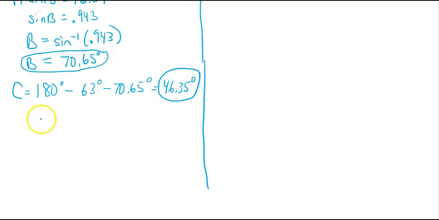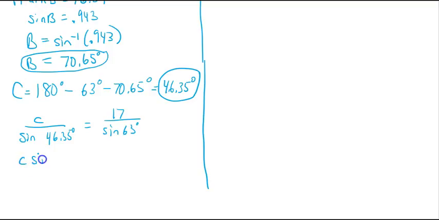And then the last thing is to find side C. So side C over the sine of the angle C I just found equals, I'm going to do the 17 over sine of 63 and cross multiply.